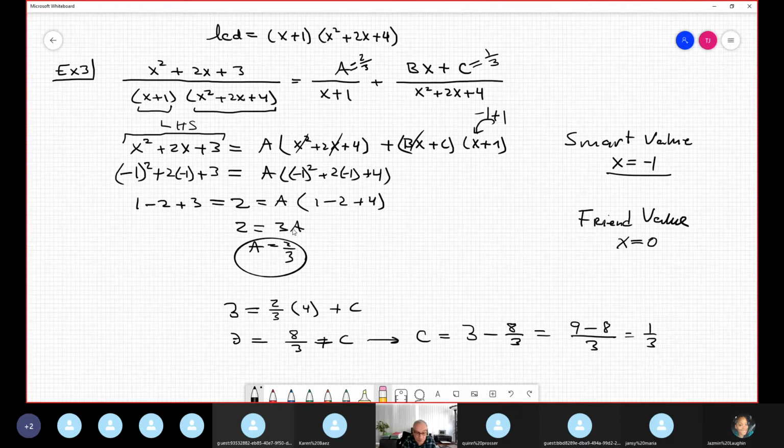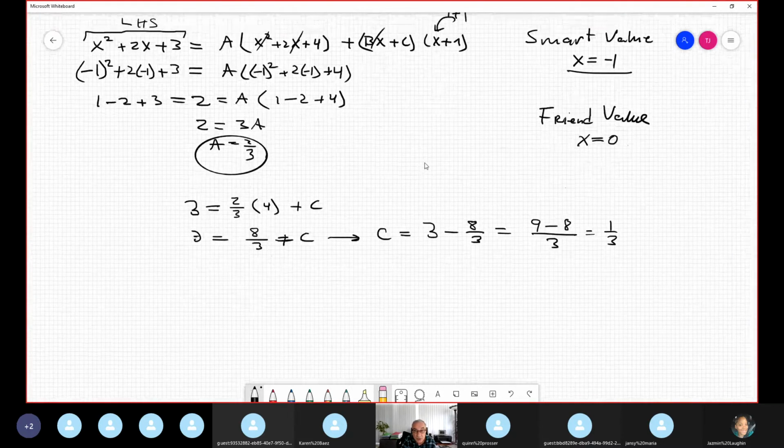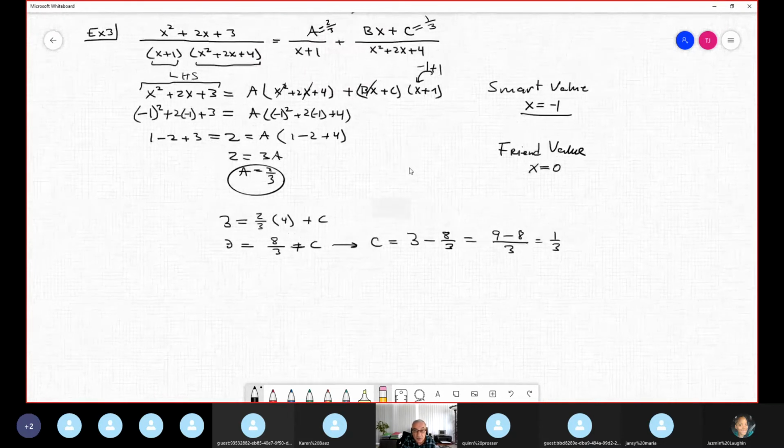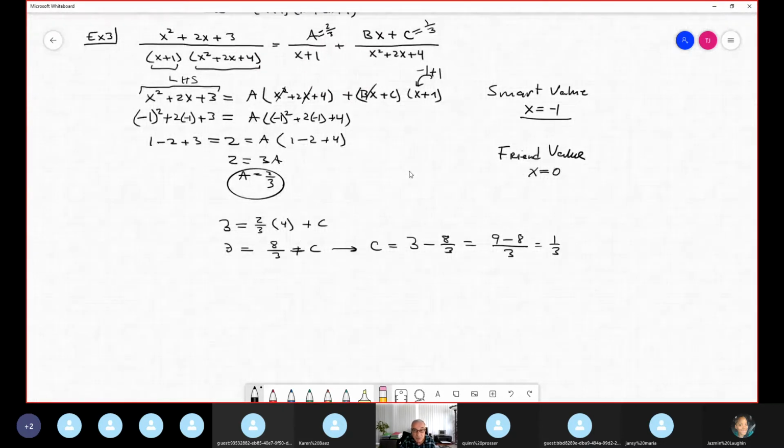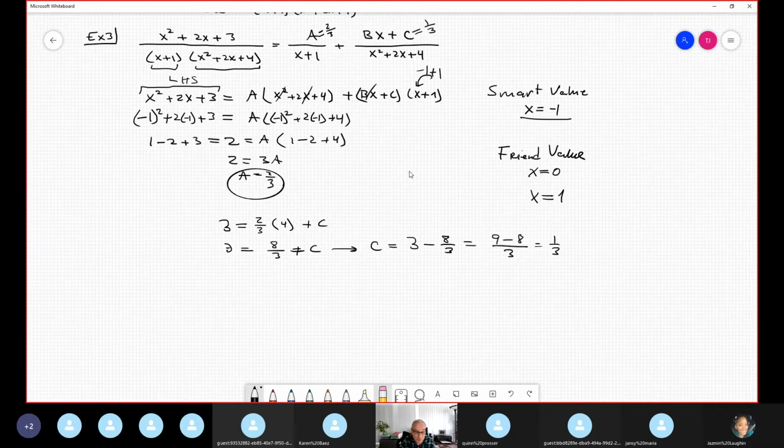Good. I need to find B. For finding B, maybe it's a little bit more complicated. I need to use another frame value, but I take advantage that I have in my hand the values for A and C. Using 1: remember, smart was -1, but 1 is a frame value. When you plug it in here, the left side is 6. It's obvious, right? Because it's 1 plus 2 plus 3.